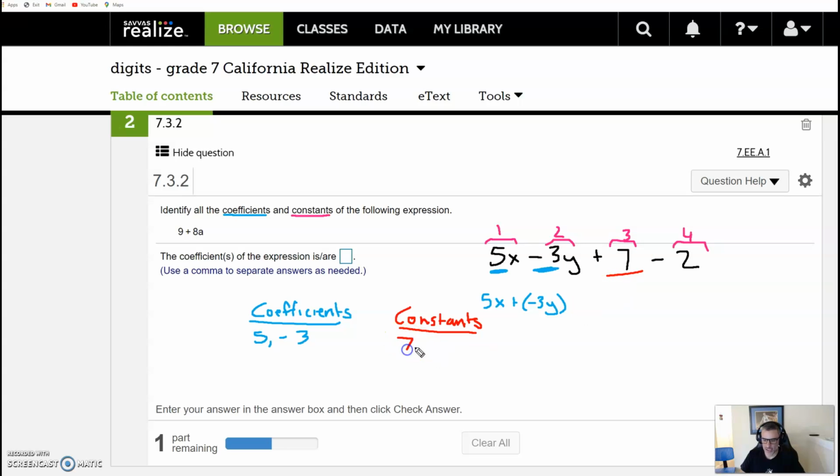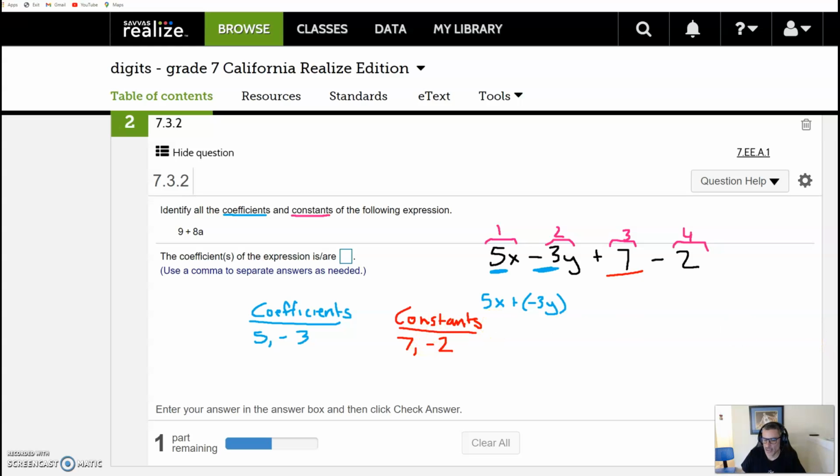So my first constant is 7, and then just like with the minus sign here, if I'm subtracting a constant, then I have to include that as part of the value, right? So my second constant would be minus 2. All right, so coefficients are the numbers being multiplied by the variables. Constants are just the plain old ordinary numbers.